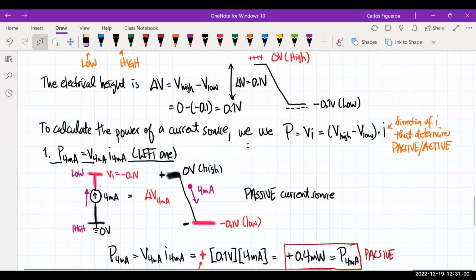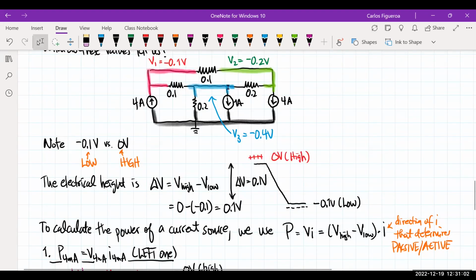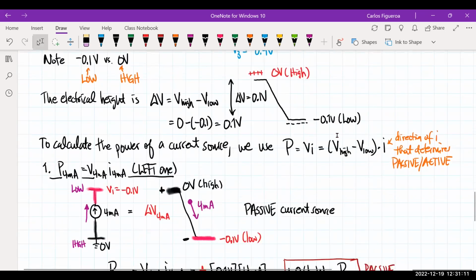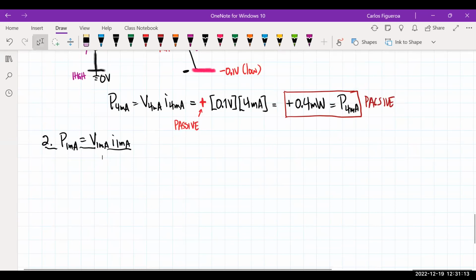Well, I have a blue node at the top of the current source, and the bottom is the ground. So let's look at this guy. The picture looks like this. I have a blue node here, and then I have my current source, and it goes like this.